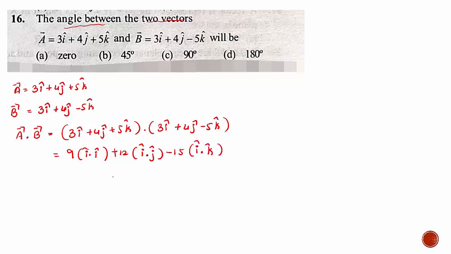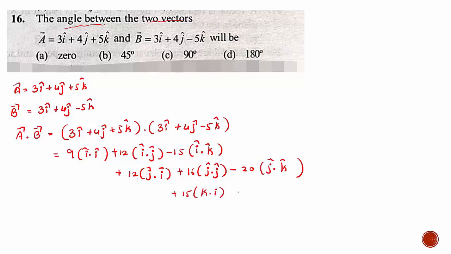Then the second term: plus 4 into 3, 12 j dot i, 4 into 4, 16 j dot j, 4 into minus 5, minus 20 j dot k. Then the last term: 5k into 3i, 15 k dot i, 5 fours are 20 k dot j, 5 into minus 5, minus 25 k dot k.